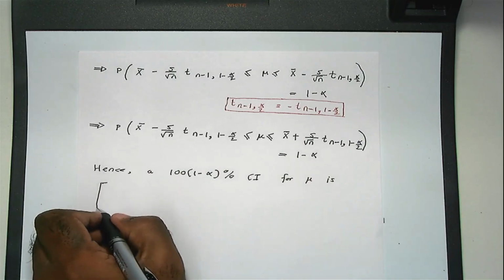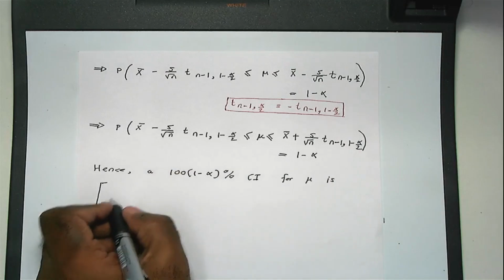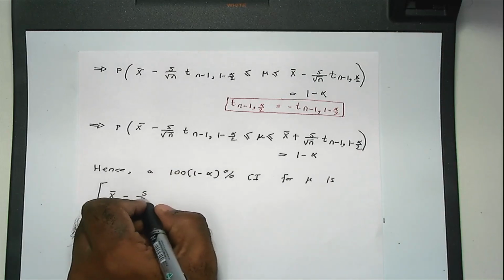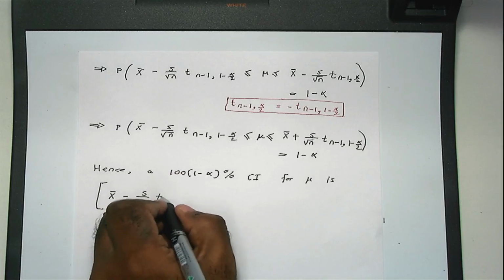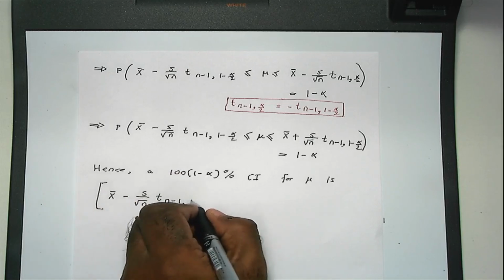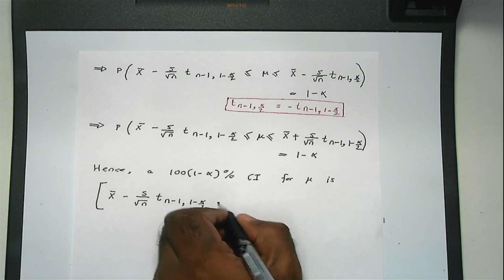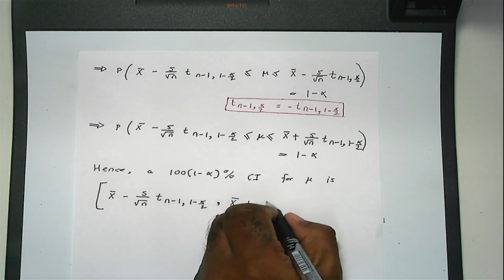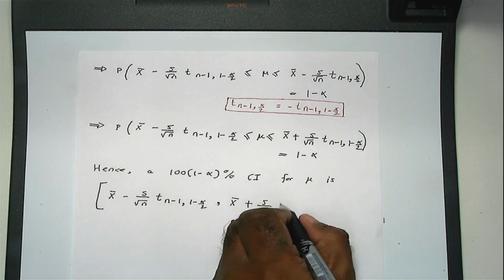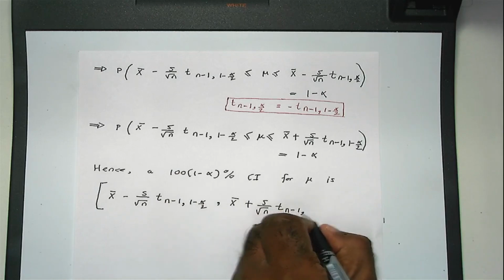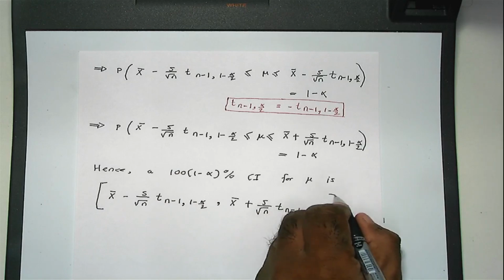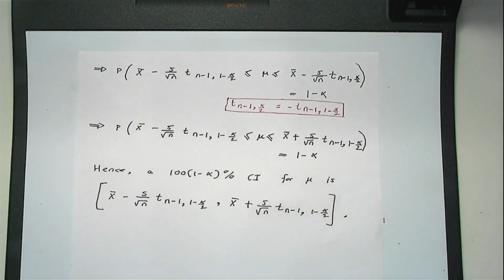The lower limit is simply x bar minus s over root of n, and the upper limit is this one. So this completes the second case, where the population variance is unknown and we want to find the confidence interval for the population mean.